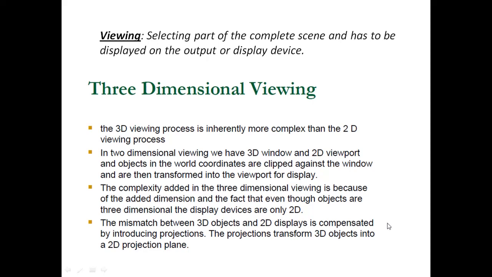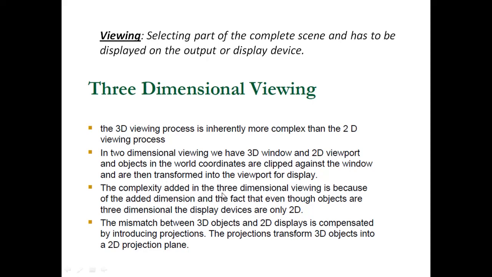But we consider the 3D viewing process complex because we have to convert the 3D into a format or process that the 2D display device can support. The complexity added in three-dimensional viewing is because of the added dimension and the fact that even though objects are three-dimensional, the display devices are only 2D.